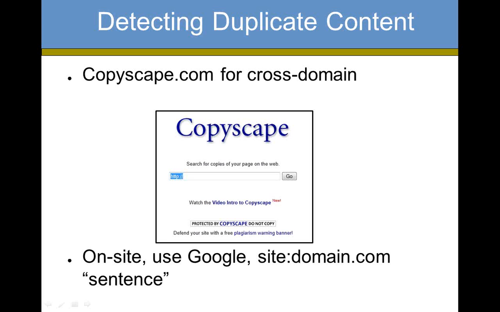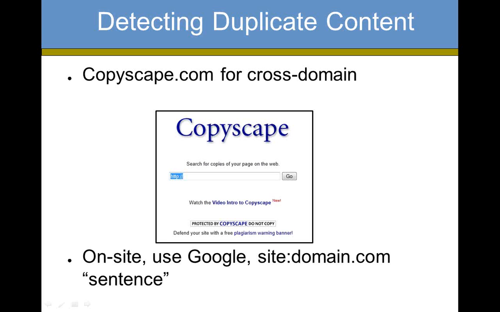Just go to copyscape.com. You drop in the URL for your website or the particular page that you're looking to check, and Copyscape will go through their index and say, hey, either we're not finding this content on any other site, or we did find this content, and these are the websites that it's located at. It's the best way that I know of to find cross-domain duplicate content.